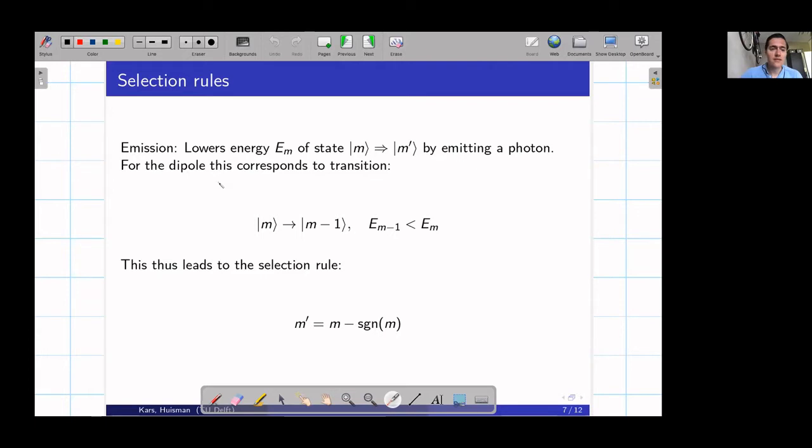So for the dipole interaction, this corresponds to the transition of m going to m minus 1, because the final state energy, E of m minus 1, is lower than the initial state energy, E of m. And from that we can deduce this selection rule here.